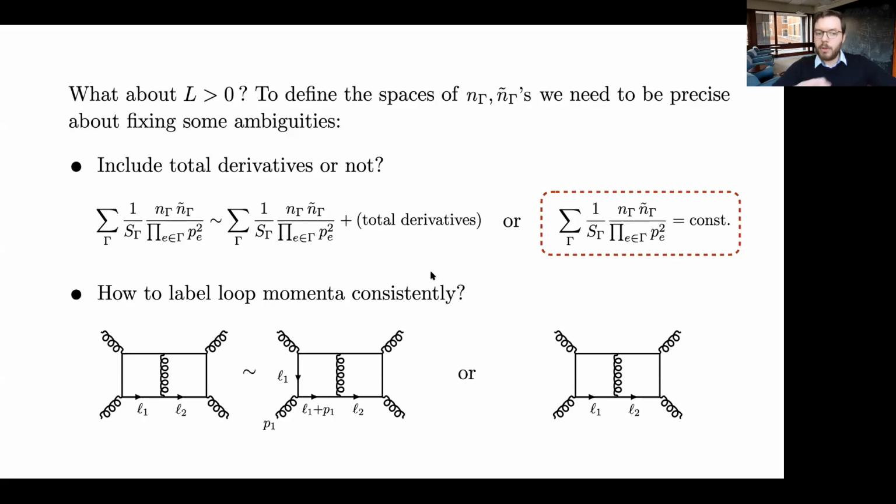Second of all, we have this loop labeling problem, which is what you're asking about. The question you want to ask is whether to identify these two graphs that just differ by assignment of loop momentum, or just make some unique choice. So what we want to do is pick some unique choice.